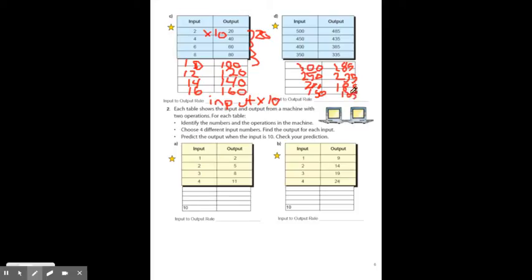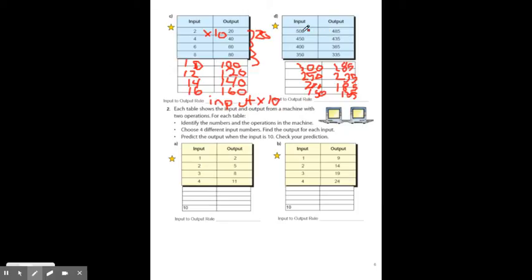And now I look for my input to output. What can I do to one to get to the other? Now this one, I notice my output is smaller than the input. So that means I need to do either dividing or subtracting. And just by looking at the numbers, it doesn't look like one that I could divide with. So I'm going to do subtracting.